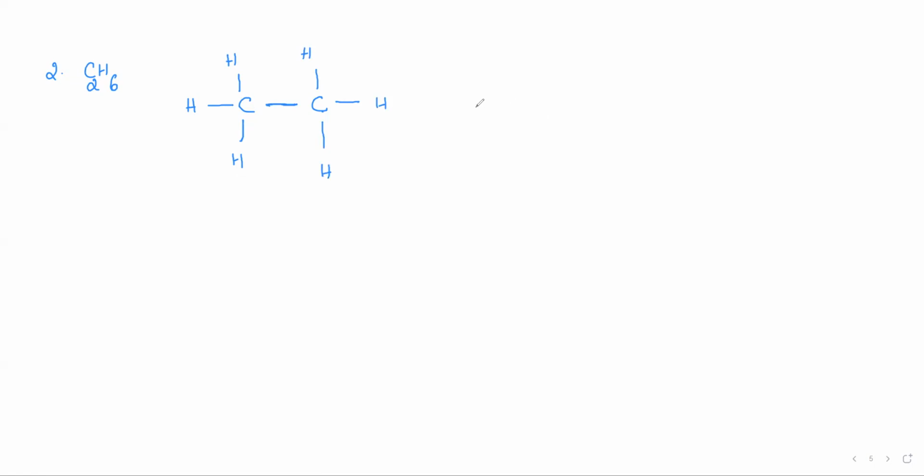When you write the condensed structural formula, you need to individually write the carbons. Write the carbons separately. So C single bond C. On the first carbon, you are finding CH3, so write the hydrogens here like this.